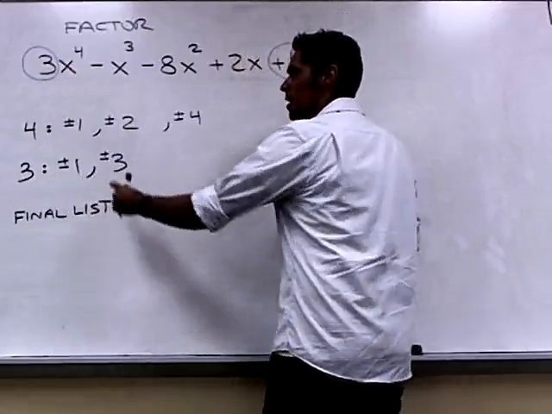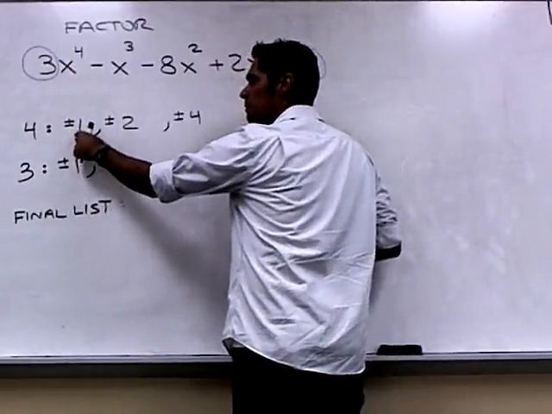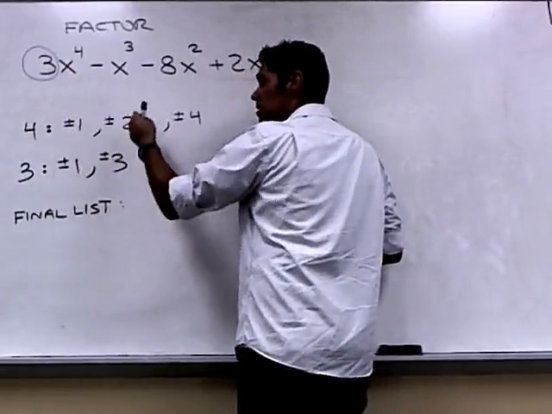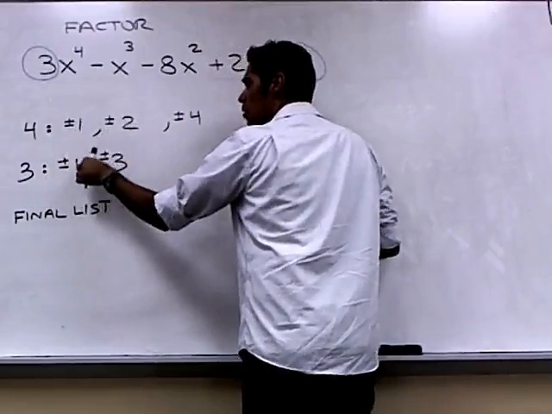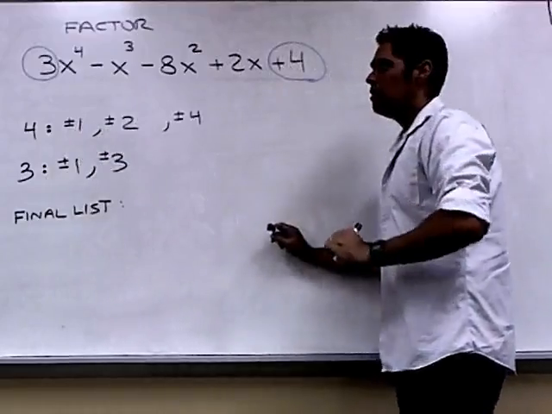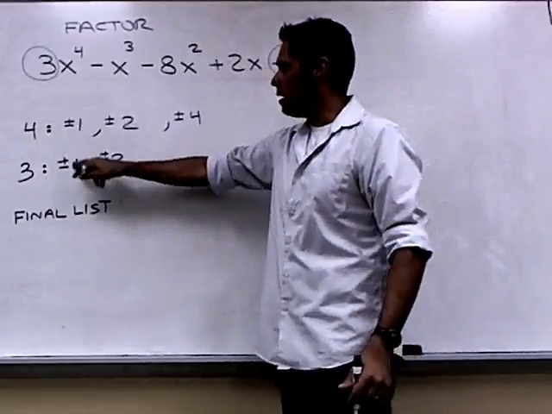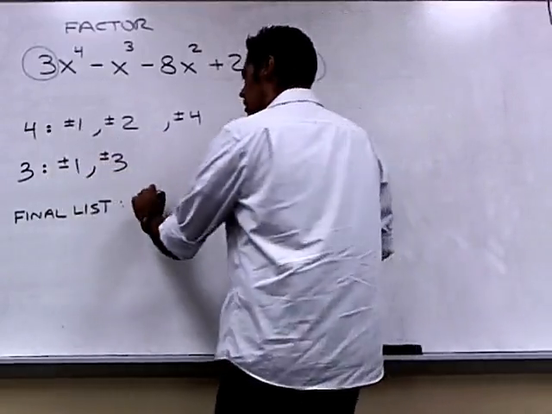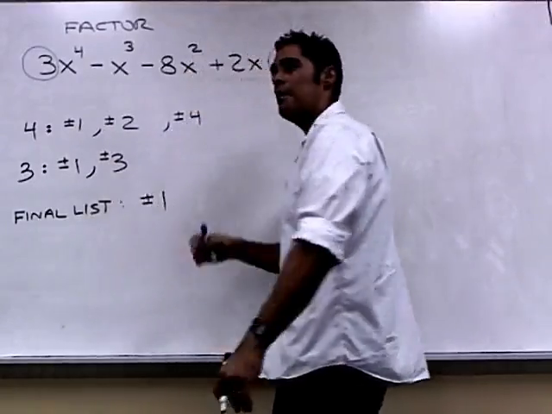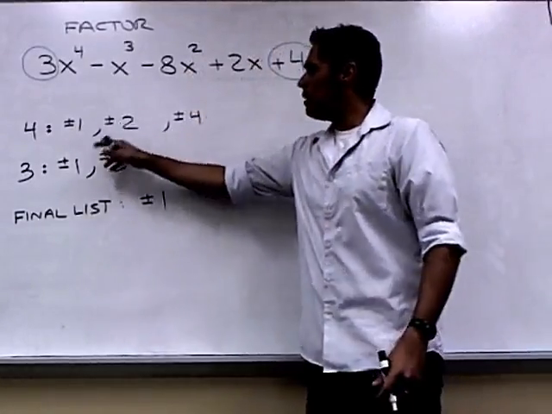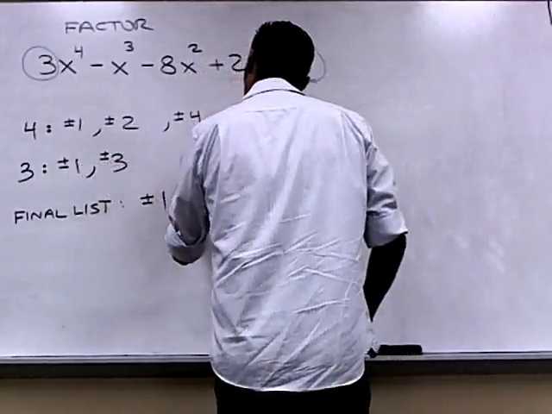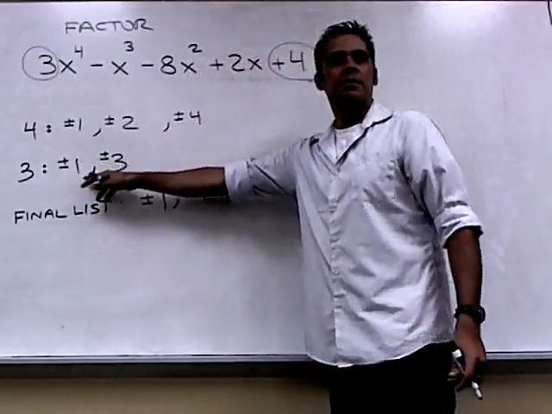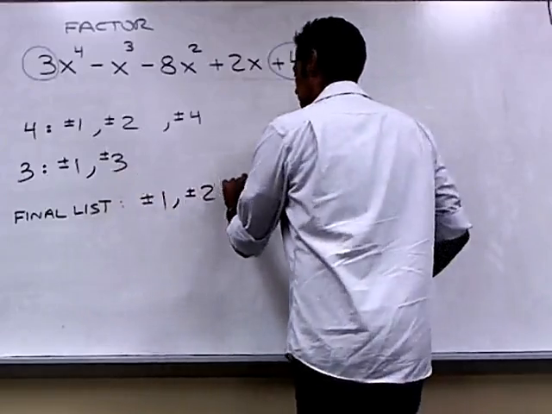Other way of saying it, you're going to take this number here, this number here, this number here, each one of them individually. You're going to do this number divided by 1, 2 divided by 1, 4 divided by 1. All right? So what's 1 divided by 1? 1. And I put plus or minus again because I could have both positive and negative. 2 divided by 1 is 2. 4 divided by 1 is 4.